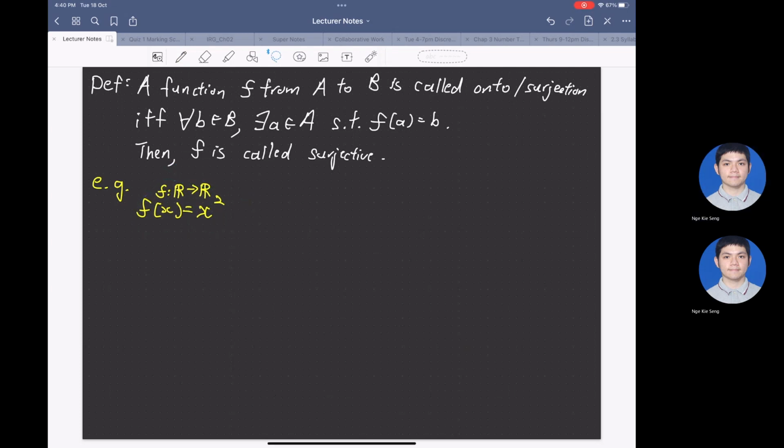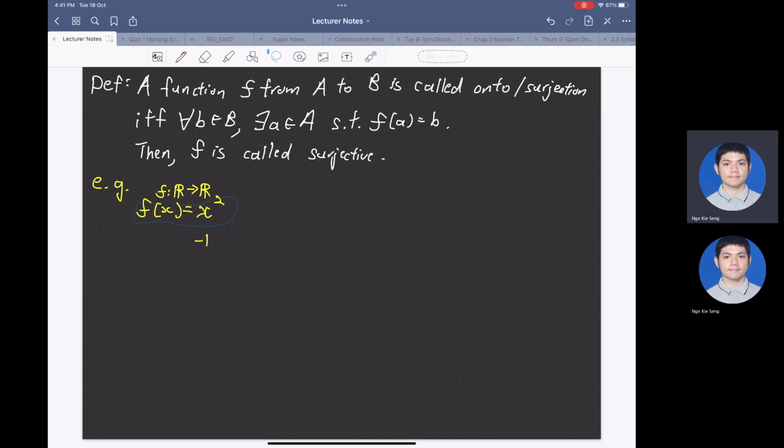So, is it onto? Can you reach all the numbers in the real using the function? How about a negative one? For example, -1.